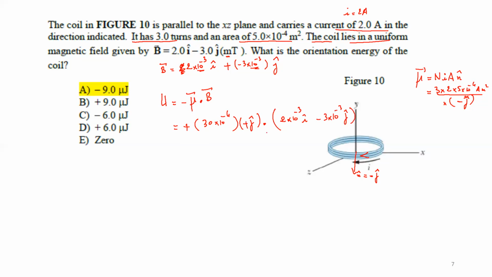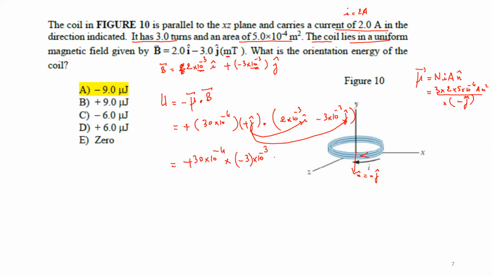So let's distribute. Of course, j hat dot i hat is 0, and j hat dot j hat is 1. So I will have plus 30 10 to the power minus 4 times minus 3 10 to the power minus 3.